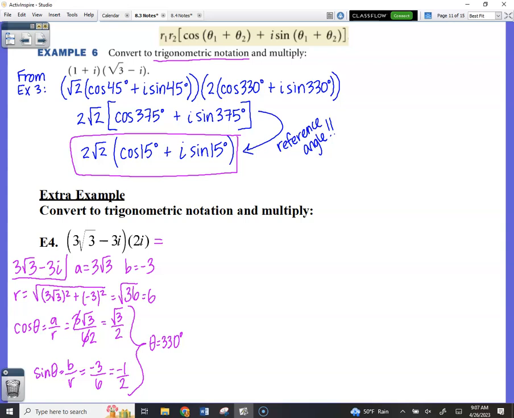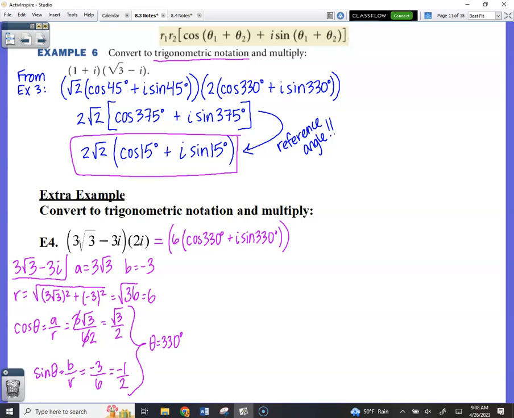So my R was what? 6 parentheses cosine, my theta is 330, plus i sine theta. So that's my first trig expression. And you could put brackets around it if you don't like the double parentheses. I just tend to make them bigger as I need more so that I can keep track.